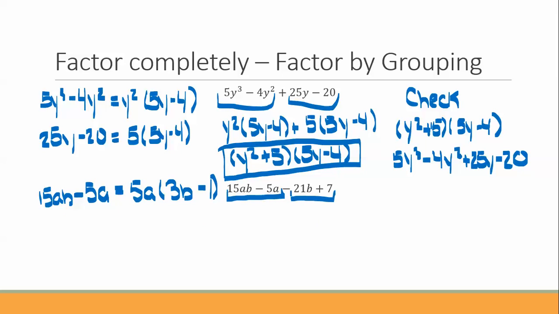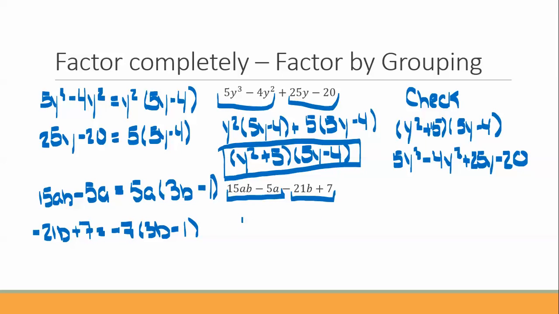This is actually minus 21b, so we're going to keep that minus there, minus 21b plus 7. This is negative here, so we're going to take a negative out, and then we can also take a 7 out. So we have minus 7 times 3b minus 1. Remember, minus 7 times minus 1 is positive 7.